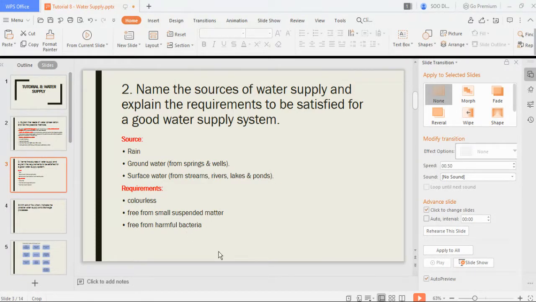We do not want the water supplied to us to have any weird color, any weird smell, anything suspended inside the water, and it must be free from any harmful bacteria that will make it unsafe for consumption. This is the requirement that needs to be satisfied for a good water supply to a city.